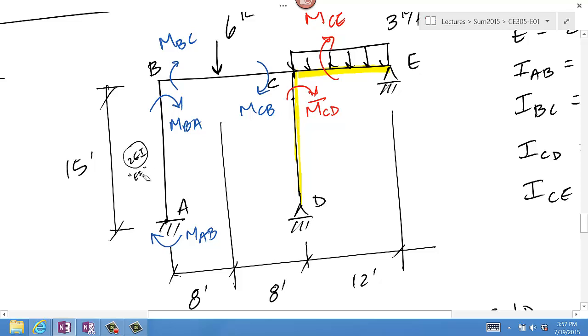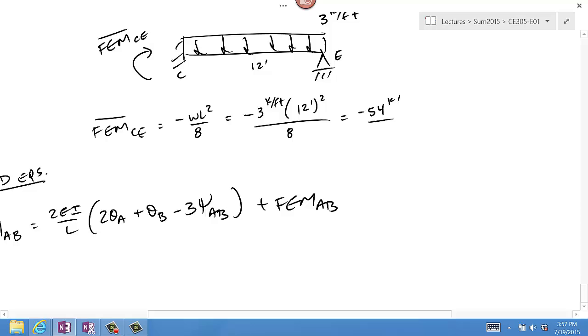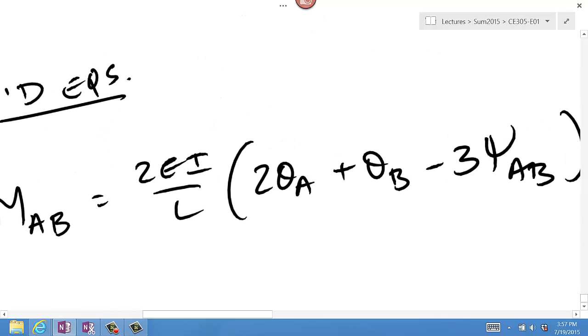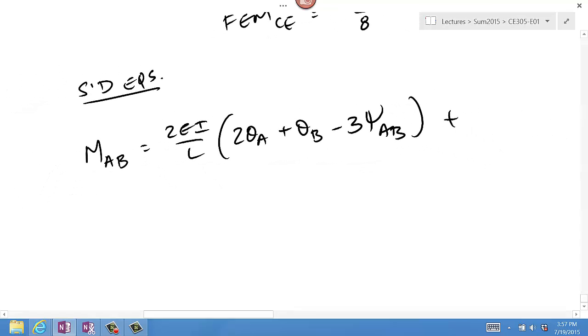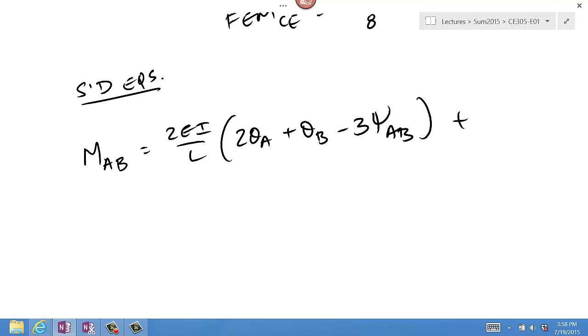So if you have some parameter, an alpha EI, then in the slope deflection equation it would show up as 2 times alpha EI. So that's how you handle different values of EI there.